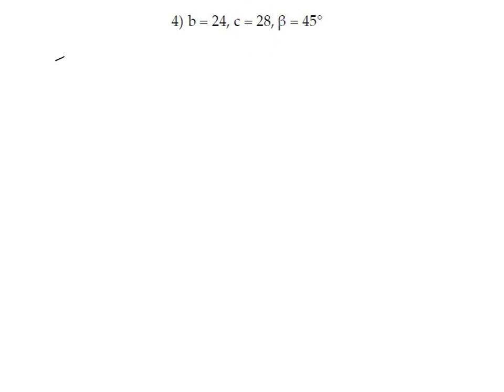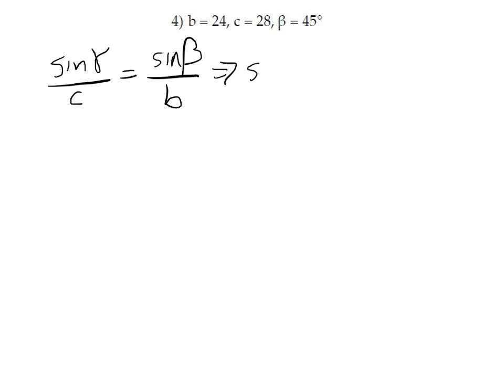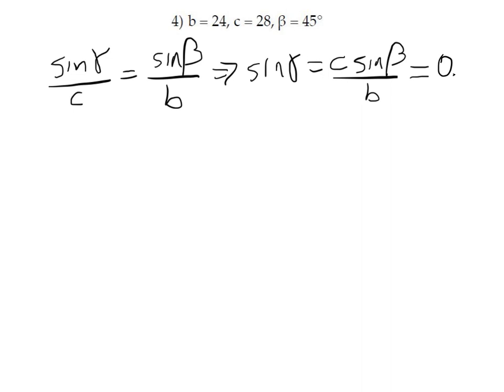So we would have sine gamma over C equals sine beta over B. Solving for sine gamma would give us C sine beta over B. And when we plug this into our calculator, we get 0.825. Now that's an approximation. There's more information there, and I'm going to use all of the information in my calculator to find gamma.